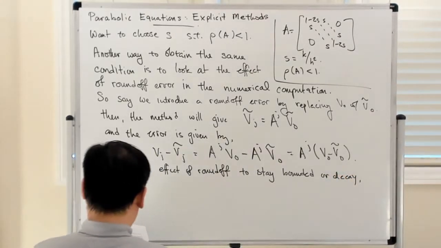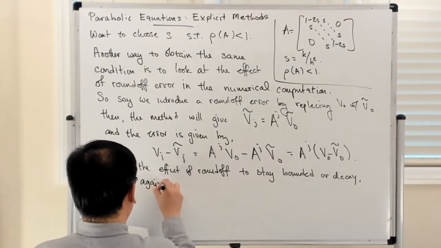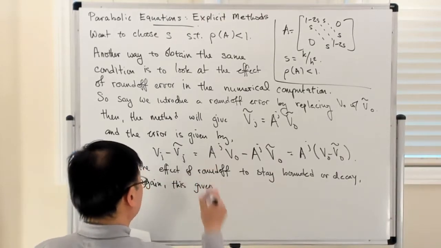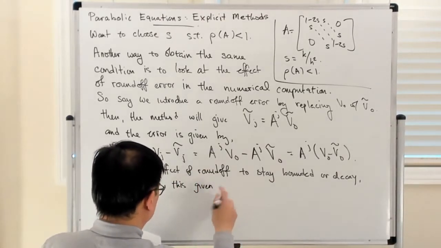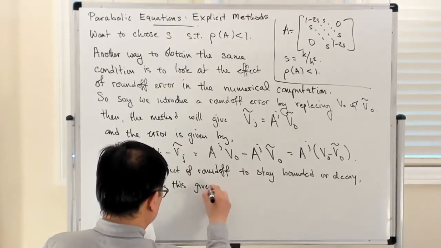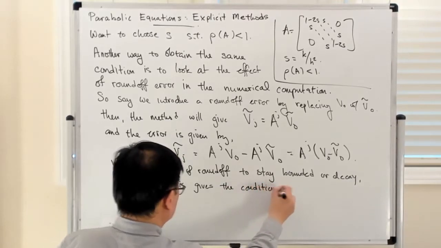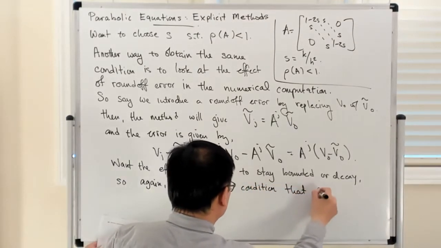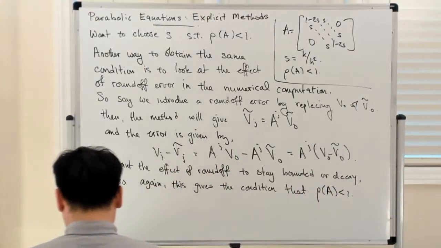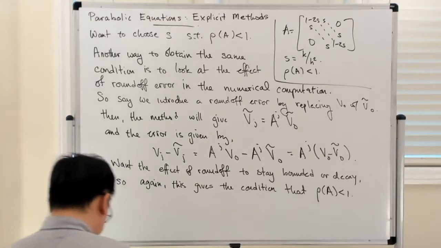So again, this gives the condition that the spectral radius of A is less than 1. Okay. All right.